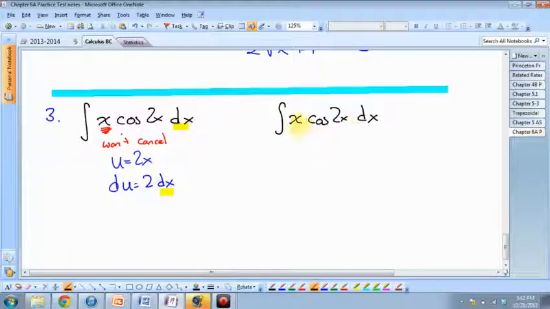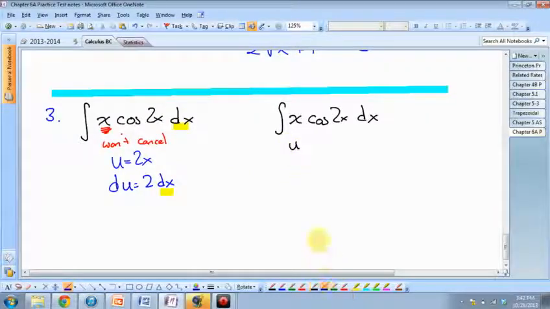Okay. Well, in ultraviolet voodoo, if you have a polynomial here and a trig here, I think I can use the tabular method, right? Yeah. You want to use a tabular method? All right.